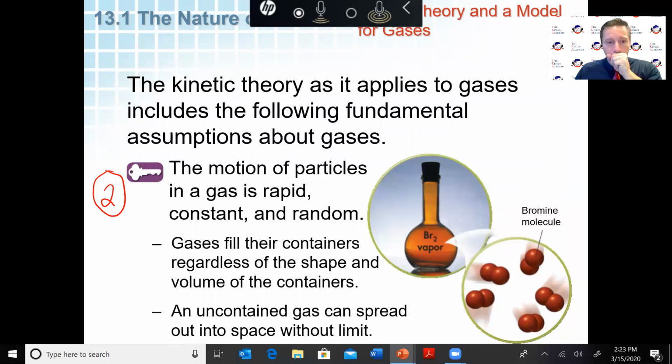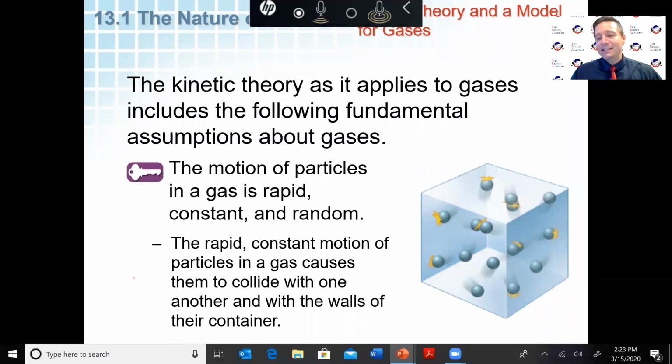And that is why a gas can fill its entire space and the container that it would be in. So we don't have a particular volume, and there's really no particular shape. And that's what this right here is notating to us. So that's our second point. The motion of particles in a gas is rapid, constant, and random.